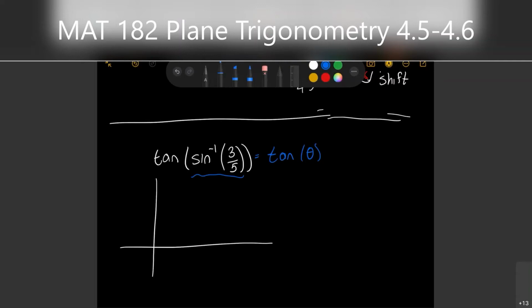So first quadrant, we'll have our triangle, opposite over hypotenuse. And then looks like we have another 3, 4, 5 triangle that works out well for theta.